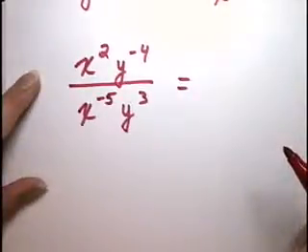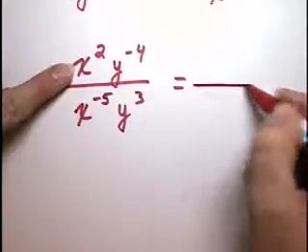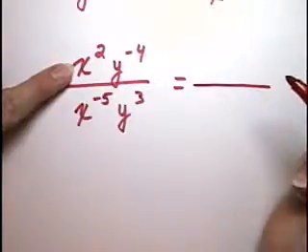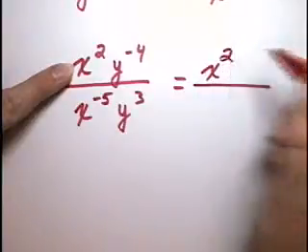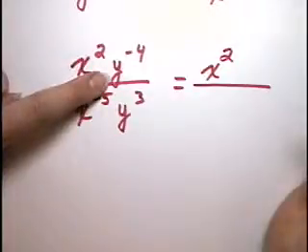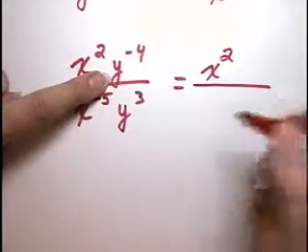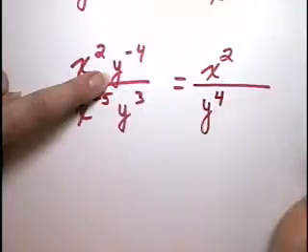I'm going to go through and look at this one base at a time. The x squared has a positive 2. I do not need to move it. I do not need to make the exponent positive because it's already positive. However, this y to the negative 4th, that has a negative 4, so I need to bring that to the other side of the fraction and make that 4 positive.